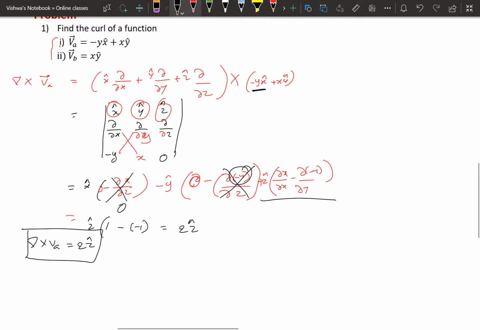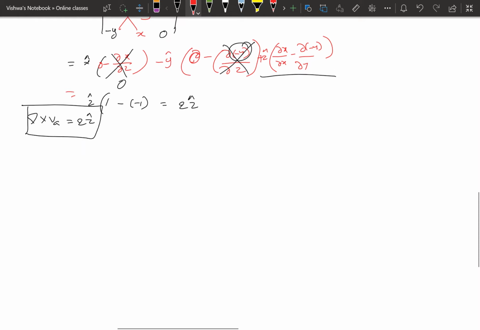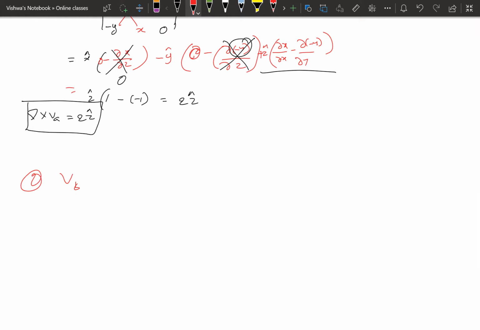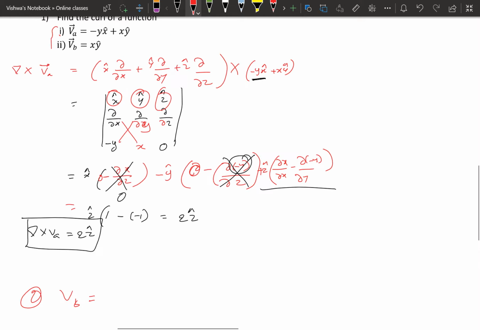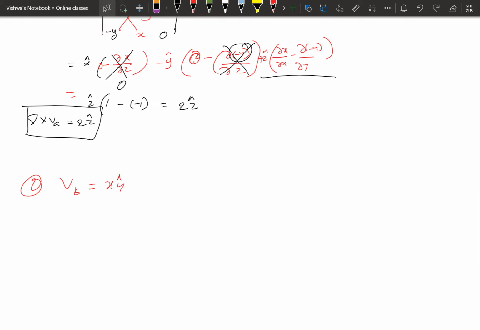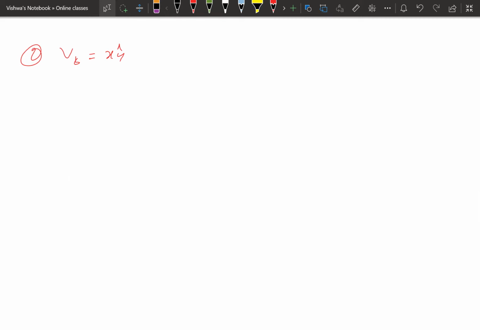Next, the second one is VB equal to x y cap. So again we have to write del cross VB. Directly I am writing it here in the determinant form.